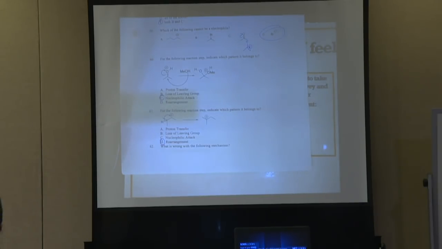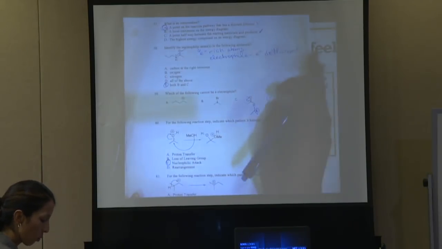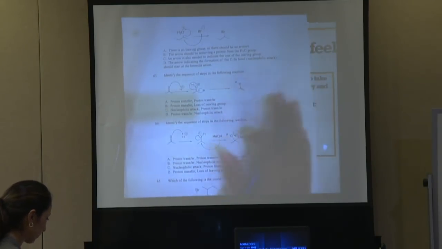So, also, what is your other clue other than the fact that you're moving the hydrogen with the electrons? The charge is more stable. So you're moving the carbocation, right? So can you have rearrangement when there's no carbocations present? No, right? Okay, cool. So 62. What is wrong with the following mechanism?